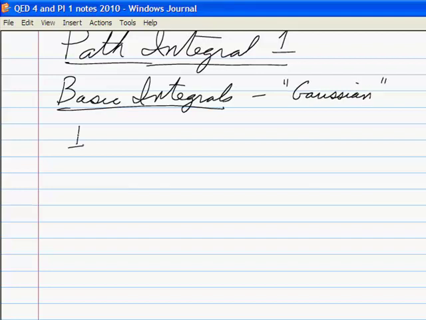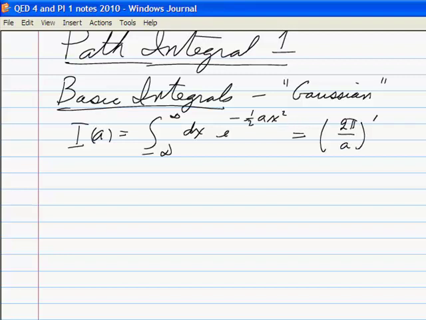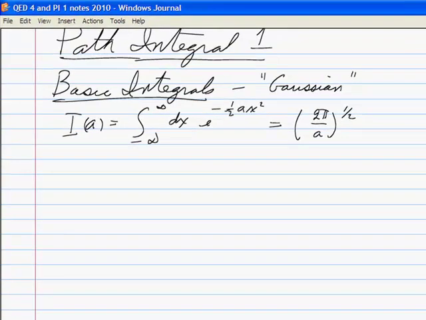Let me define I of A as the integral from minus infinity to infinity dx e to the minus 1/2 ax squared. So that's a Gaussian integral over the variable x. That's a trivial one to do. 2 pi over a to the 1/2.